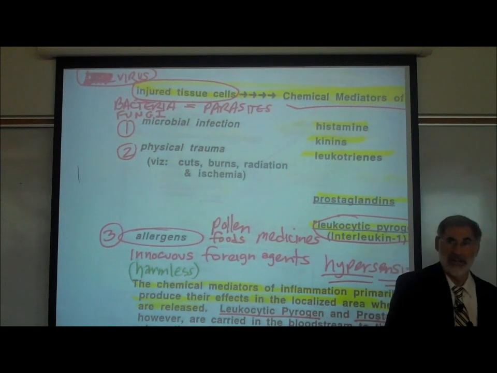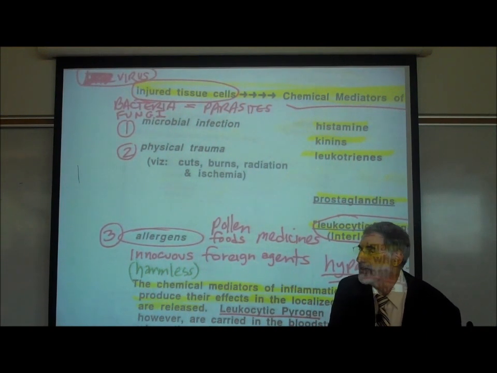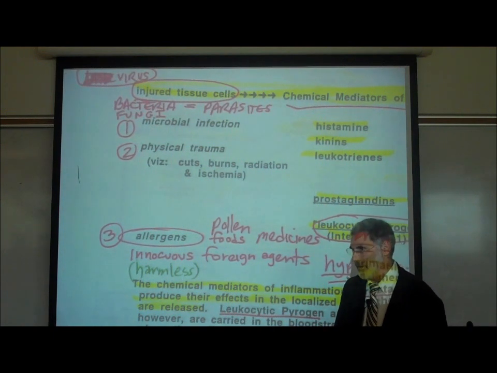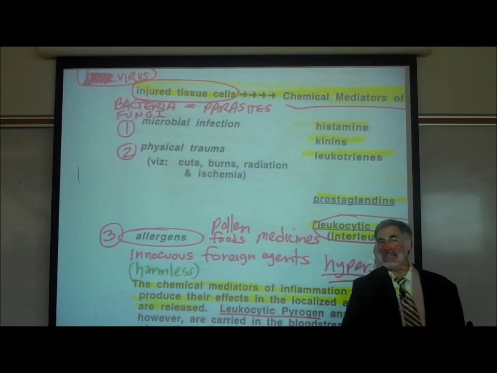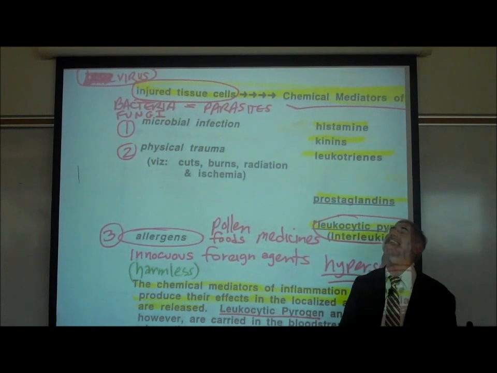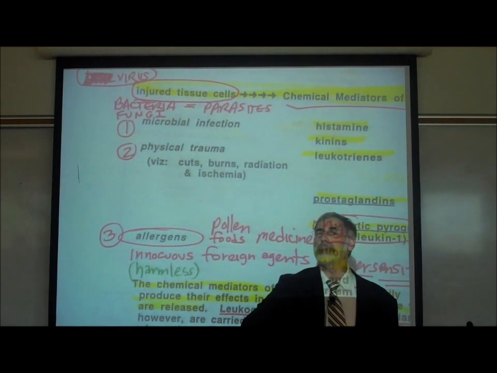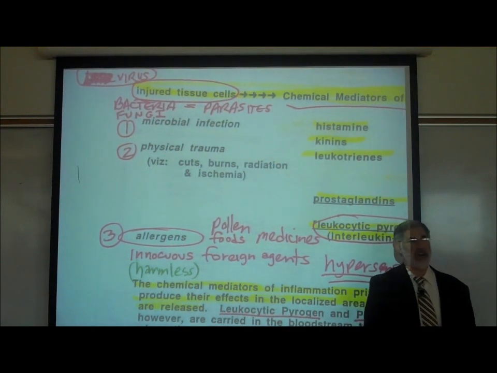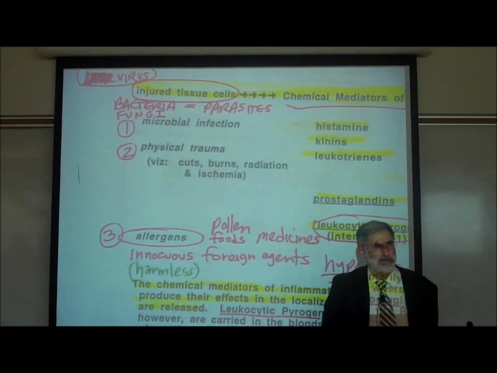What's ischemia? Lack of oxygen. Insufficient oxygenated blood. When a cell isn't getting enough oxygen, it becomes ischemic. You've heard the term myocardial ischemia. So ischemia is not getting enough oxygen. Why would that harm a cell?